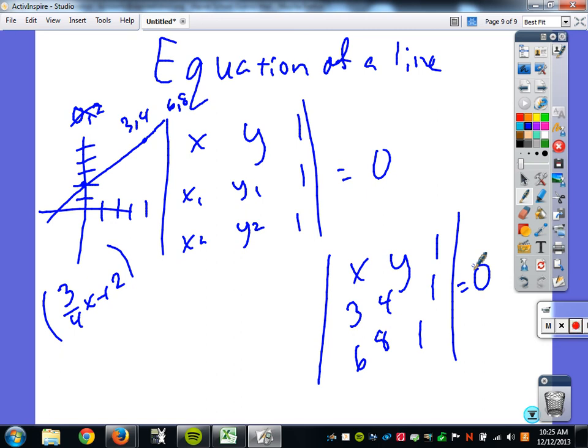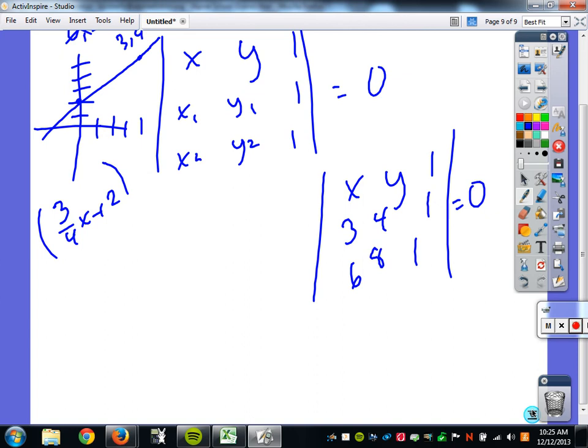Yes, ma'am. Can you get the 3/4 from this? Because remember, I rose 3 and ran 4, and that's going to be what our answer is going to be. We're just going to show you that it does match up. So you get the 3 in the x1 and the 4 in the y1, because those are points. So 3 represents an x.